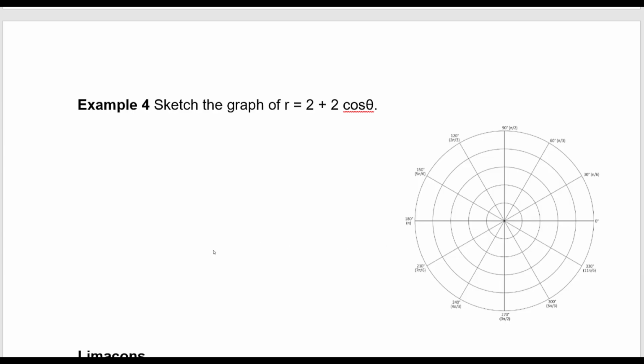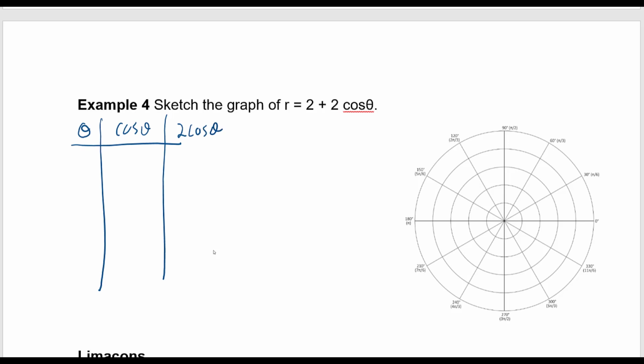Okay, so let's go ahead and plot some points. We'll go with our standard thetas, and then I'm going to do cosine theta. I'll do 2 cosine theta, and then I'll do r equals 2 plus 2 cosine theta.